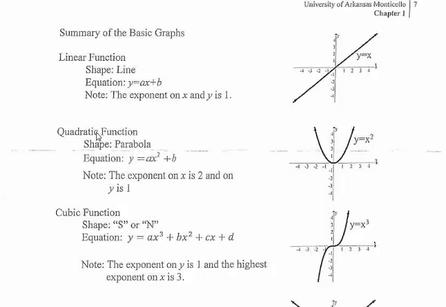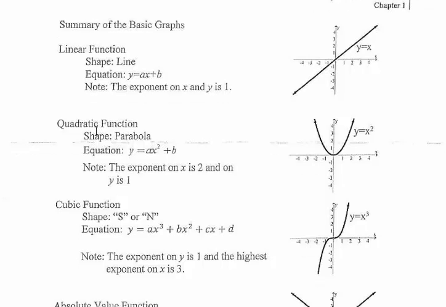Okay, so keep in mind this page, page 7, they're laying out a few basic graphs along with their standard formats. For instance, linear, we've got the slope-intercept form, y equals ax plus b. Quadratic, or in other words, a parabola.